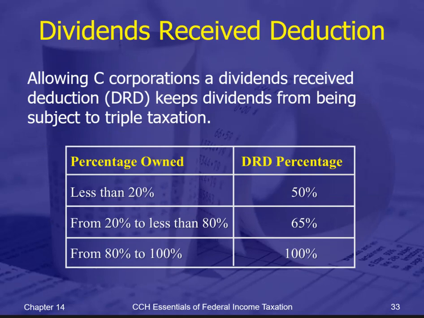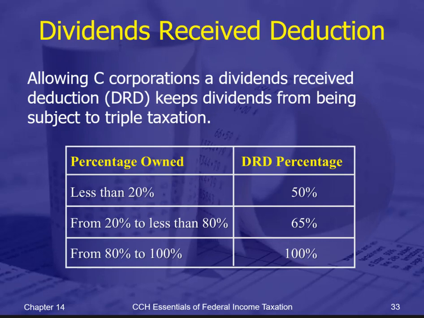Now, when calculating your taxable income as a corporation, you must include the dividends received as revenue or part of the income. This is the deduction to offset some of what you record as income. So if you own less than 20% of another corporation, and they pay you $100 in dividends, that's $100 of revenue. Then you get a deduction of 50% of that.